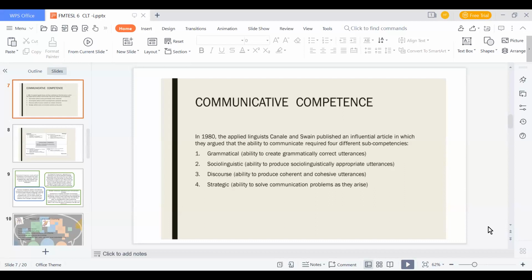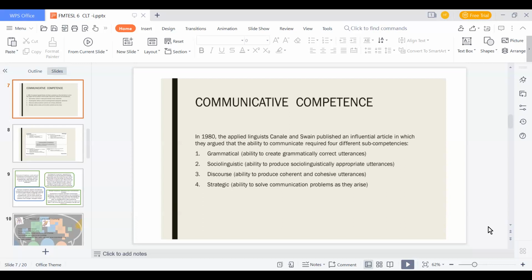So how come, just because they know the structure of the language, they are not good communicators? There's a gap. The gap between knowledge and performance.